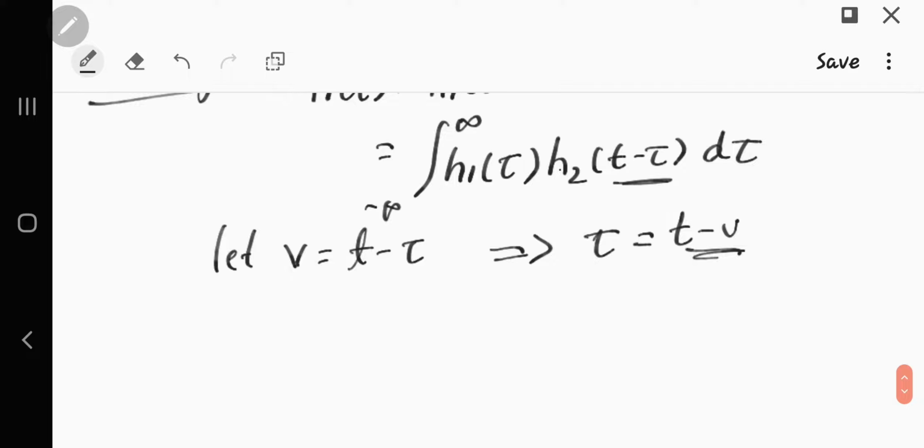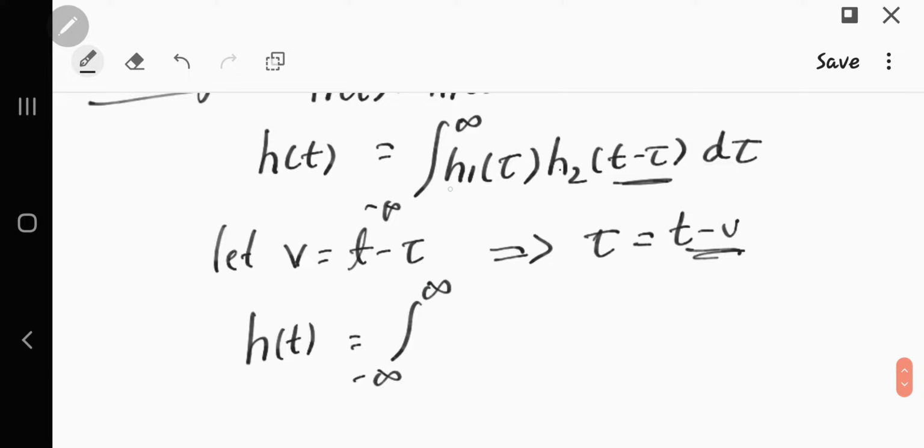Okay. Then if I replace this, what happens to this equation? H of t is equal to the integral from minus infinity to plus infinity. This h1 of tau will become h1 of t minus v, and this h2 of v dv.